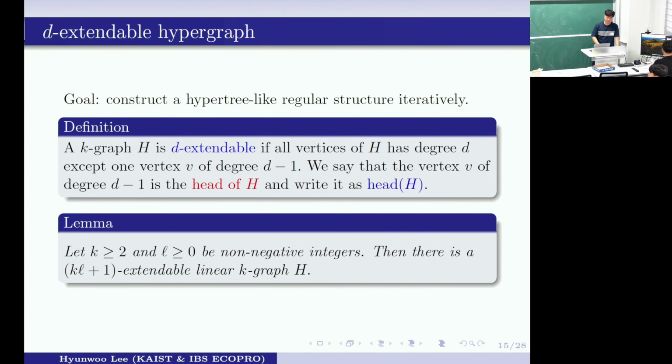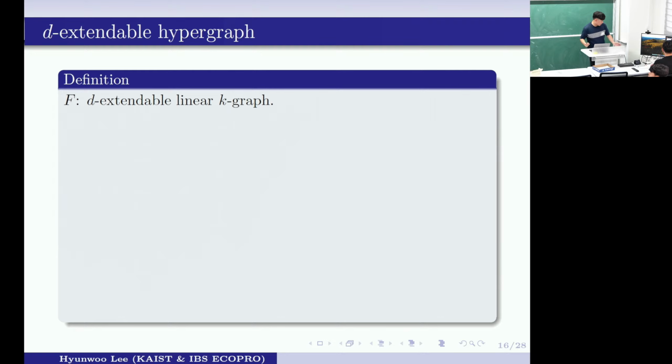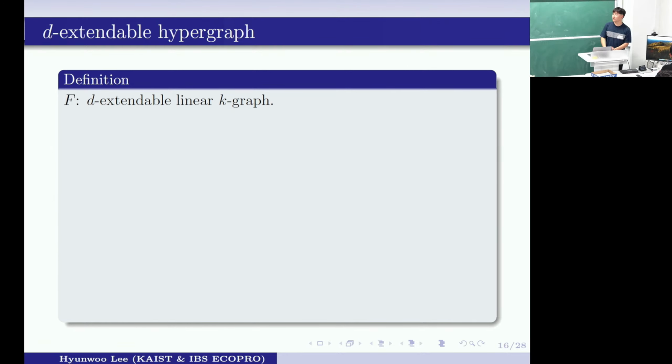I will skip the proof of this lemma. So now we have the base linear hypergraphs. Now our task is to define some suitable operation on this extendable hypergraph to amplify it into a hypertree-like structure.